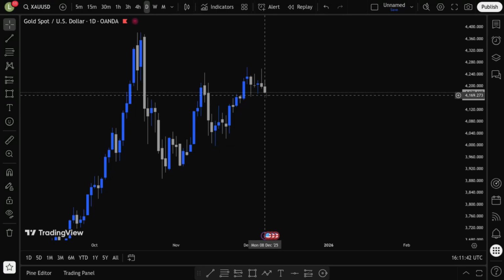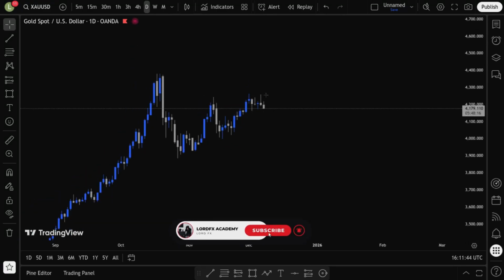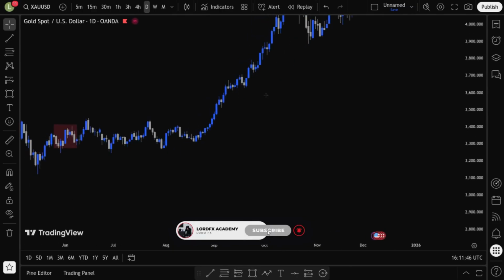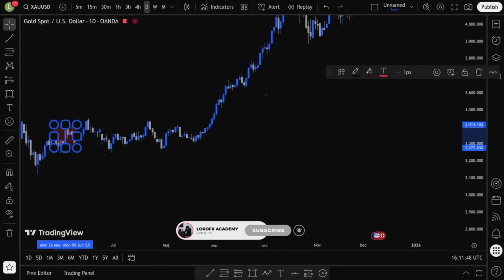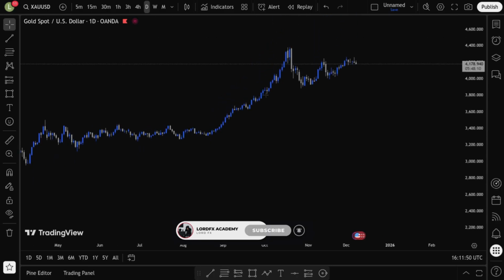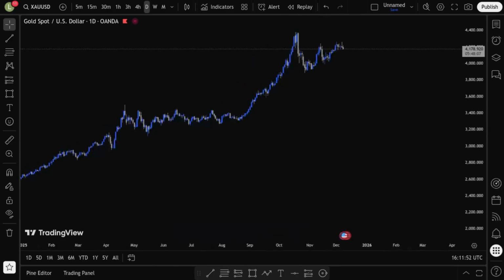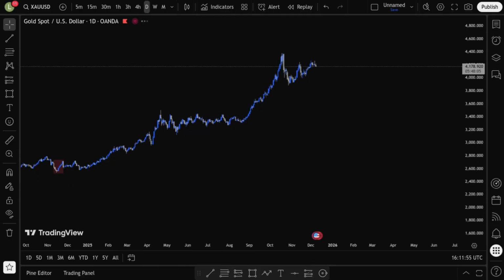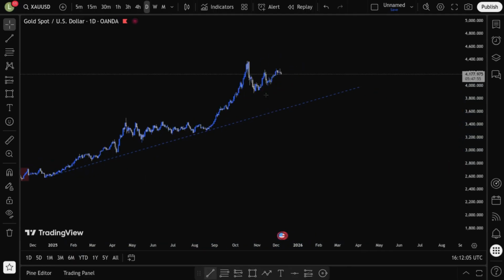So now what you need to look out for next is trend lines. Trend lines are very simple. A trend line is a tool that is used to see price action like this. So now this is a trend line.